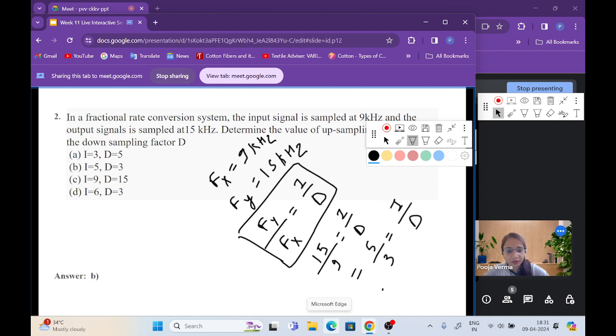If we equate it, I is equal to 5 and D is equal to 3.